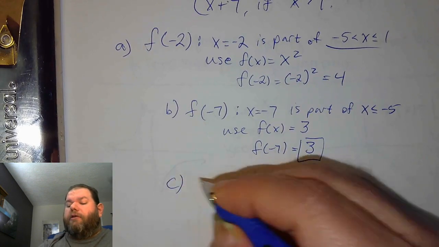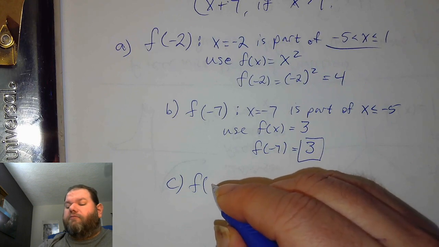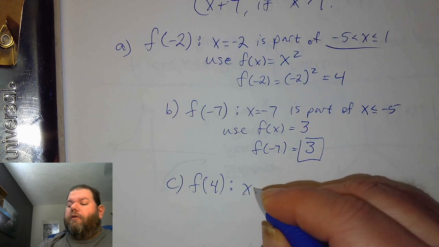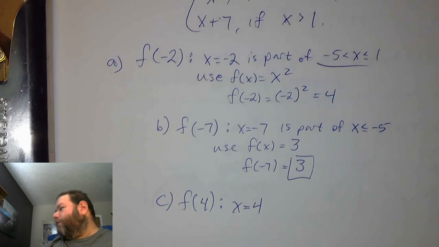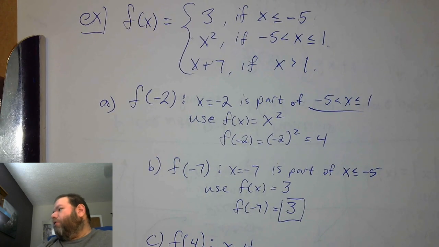Part C, we want f of 4. So if we have a value of x equals 4, which of those three pieces does it fit in? Third one? Mm-hmm.